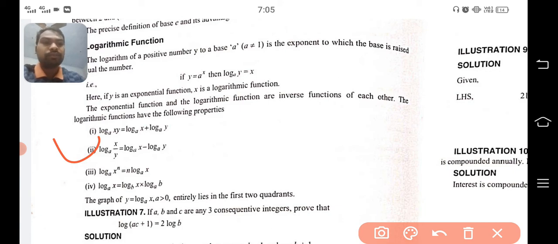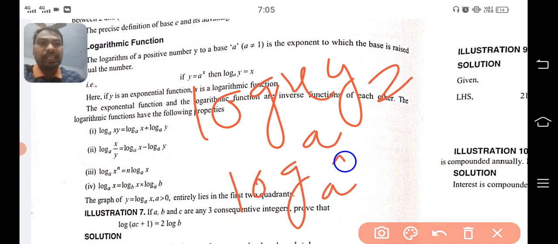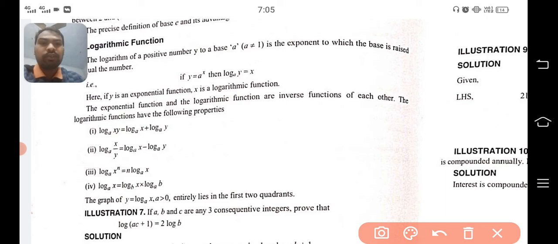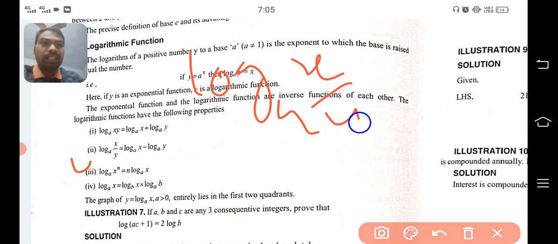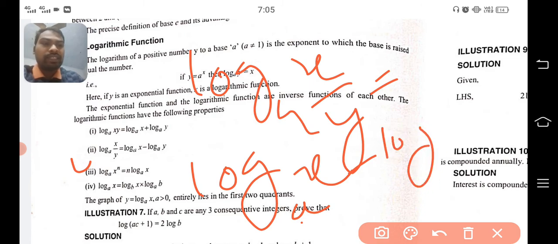So whenever you write log base a of x into y, we can have log base a of x plus log base a of y. The next property, the second: log base a of x divided by y is equal to log base a of x minus log base a of y.